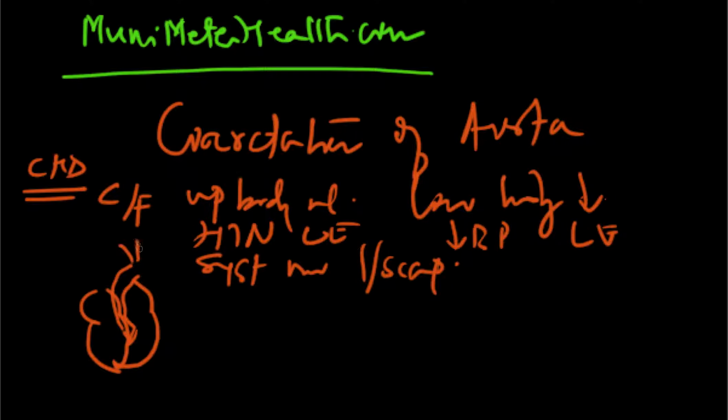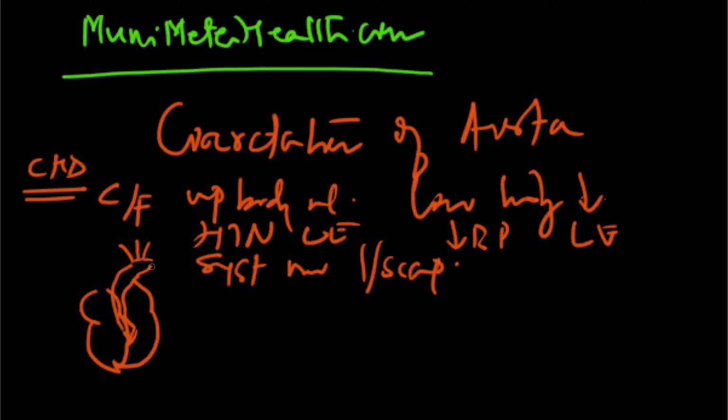Then it gives off a branch, which is your left carotid, and then it gives off a branch, which is the left subclavian. And right next to the left subclavian, soon after that, this is where the ligamentum arteriosum exists, and the coarctation occurs because of this region, because that is stenosed.